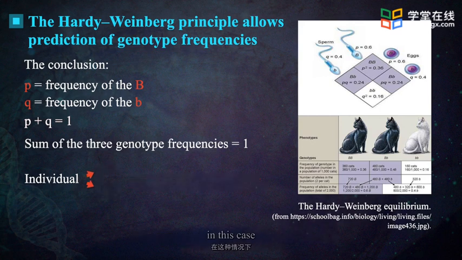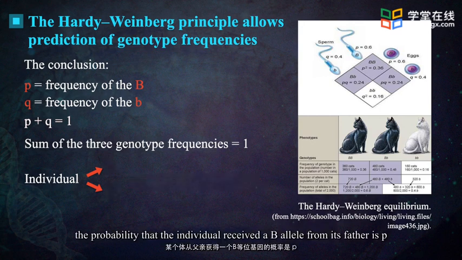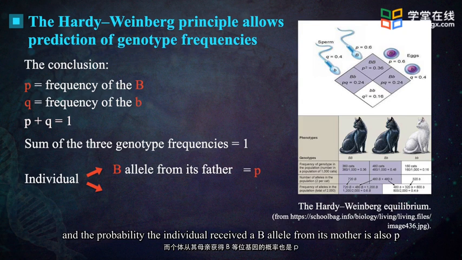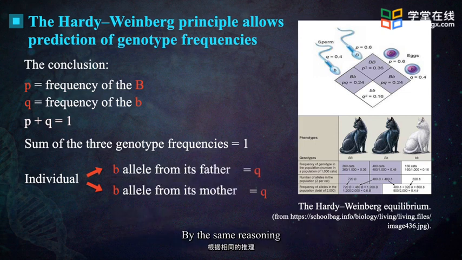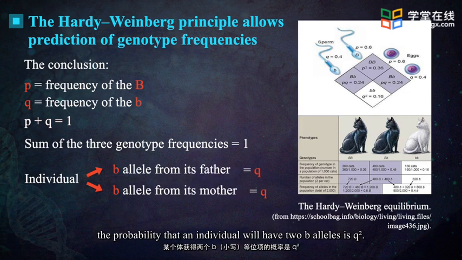In this case, the probability that the individual received an uppercase B allele from its father is p, and the probability the individual received an uppercase B allele from its mother is also p. So the probability that both happened is p times p equals p squared. By the same reasoning, the probability that an individual will have two lowercase b alleles is q squared.